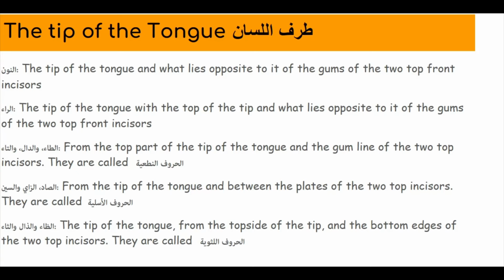The next three letters, sod, zai, and sin, are also pronounced from the tip of the tongue and between the plates of the two top incisors. There must be a little gap or space between the tongue and the two top central incisors when one wants to pronounce the three letters.